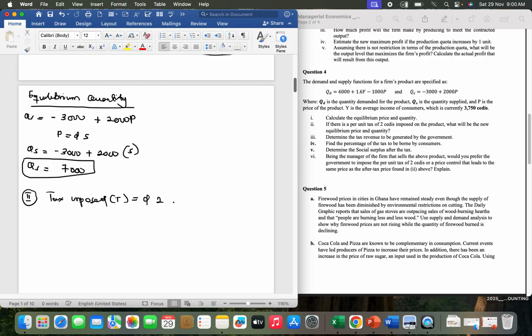We impose tax and grant subsidy. Tax we subtract. Subsidy we add. In case you are not given tax in the question, you will be given VAT, value added tax. In case you are not given subsidy, you will be given tax cuts, or what we call tax relief, or tax holiday.